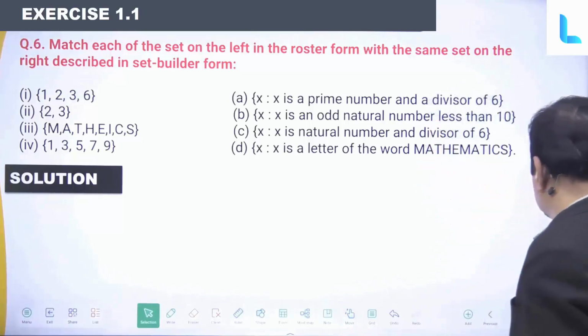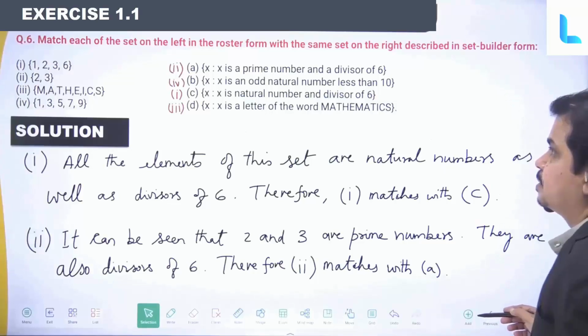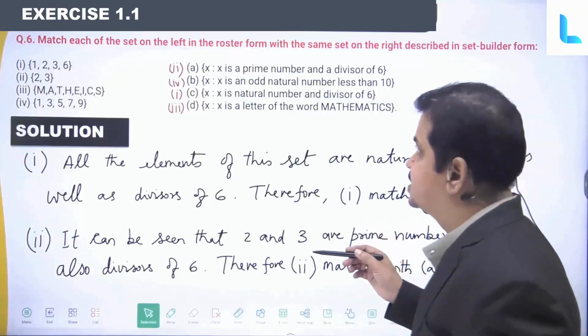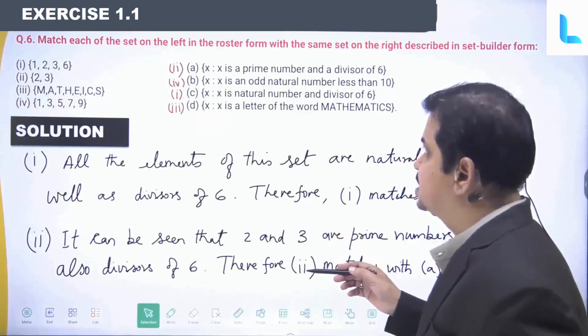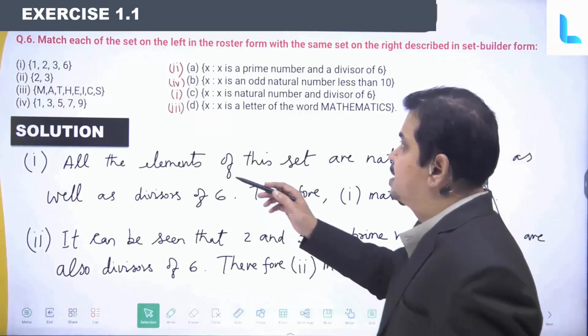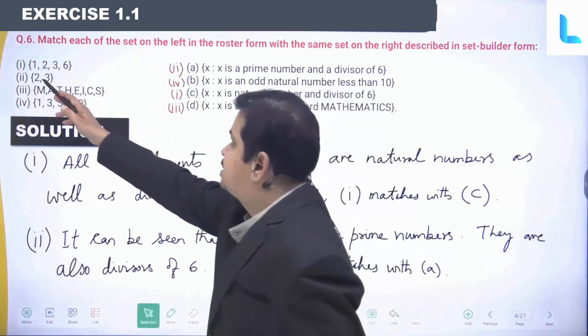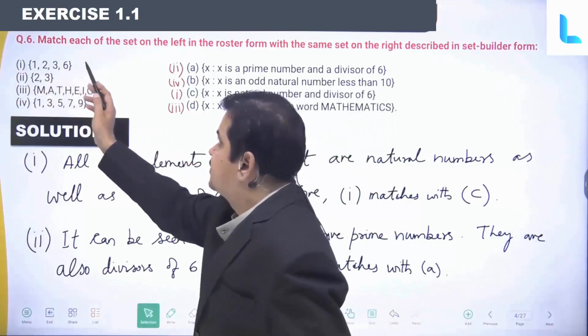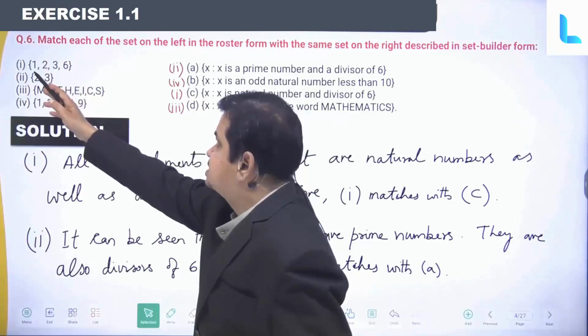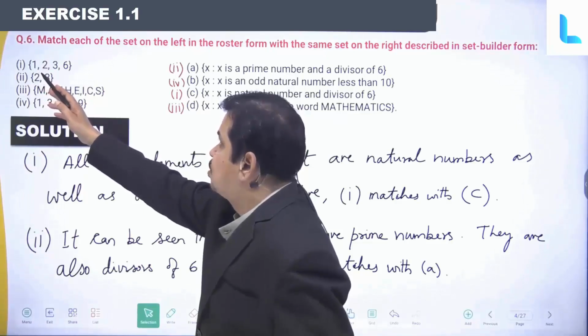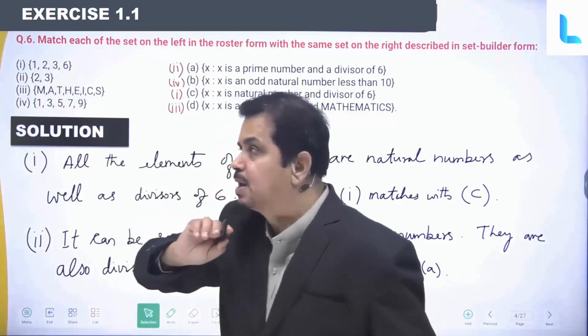So let us try to find the solution for this. The solution states like this. Here you can see that in the first item on the left hand column in the roster form, it contains a set of all elements 1, 2, 3, 6.